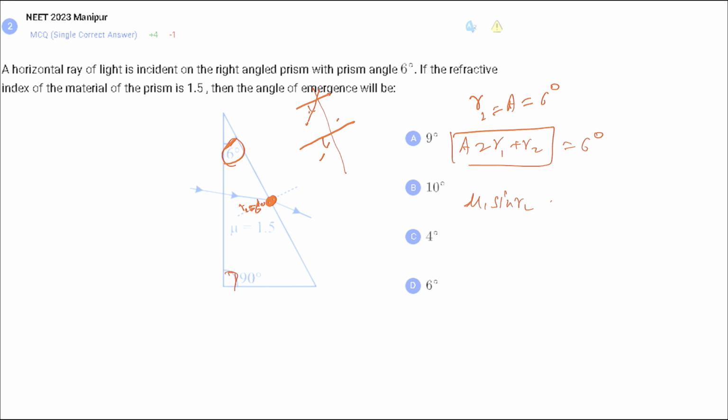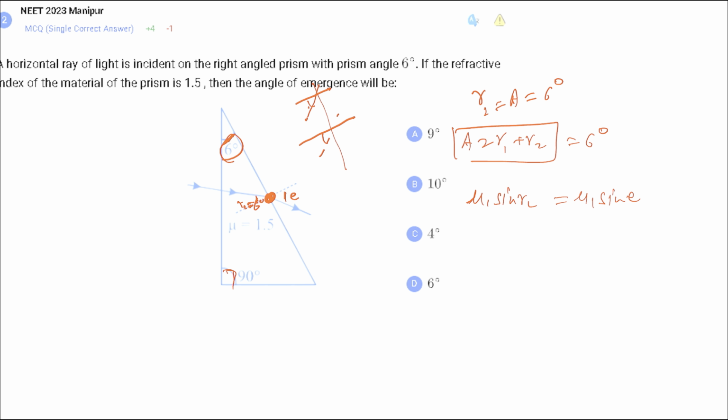R2, that is equal to mu1 sin E. We can say that this mu is equal to how much, because mu is equal to 1.5 is given to you. So 1.5 sin R2, means sin 6 degree, is equal to how much, that is mu1 equal to 1 sin E, right?